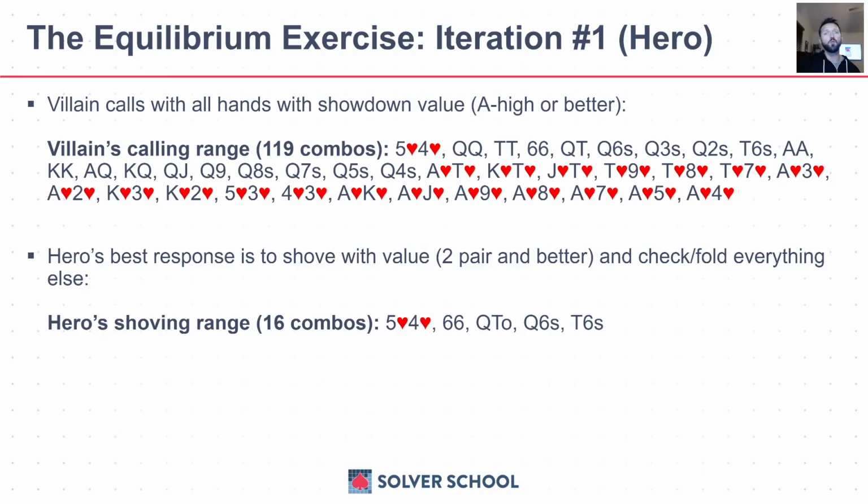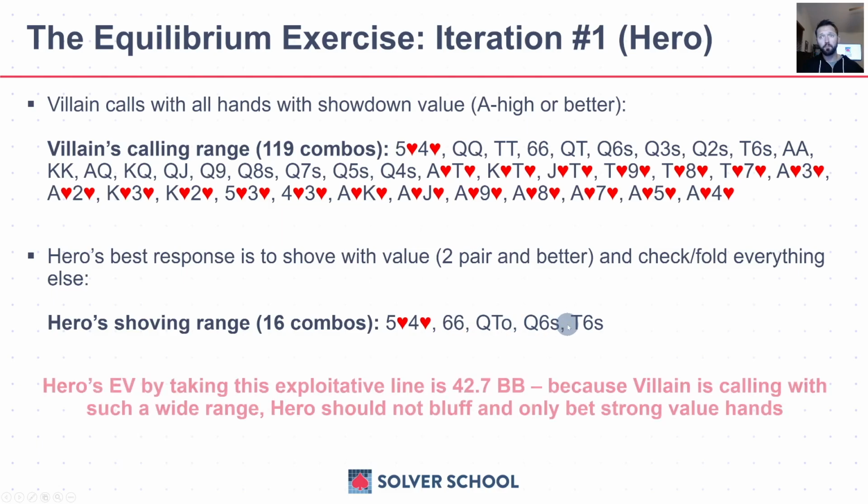So of the 32 combos in hero's range, hero is going to fold all of the bluffs and shove with value. So they're shoving half the range and check folding half the range. And hero's shoving range here is the 5-4 of hearts, pocket sixes, queen 10 off, queen 6 suited, and 10-6 suited.